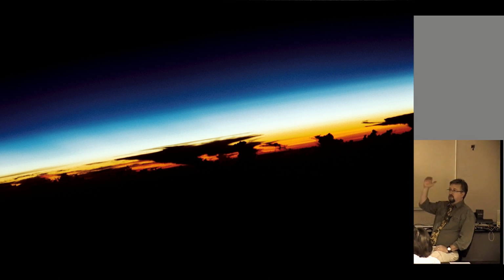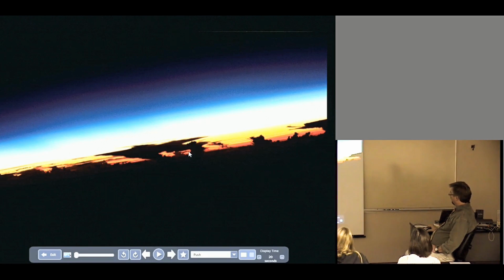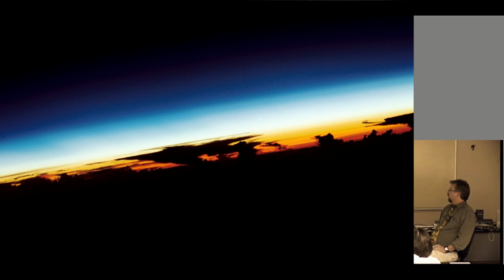So you have the thermosphere, the mesosphere, the stratosphere, and then below the stratosphere you have this. Has anybody read far enough to know what that layer is? Troposphere. That's the troposphere, and you see the clouds. See the clouds go up as far as the stratosphere and they stop. Weather takes place just in the troposphere.